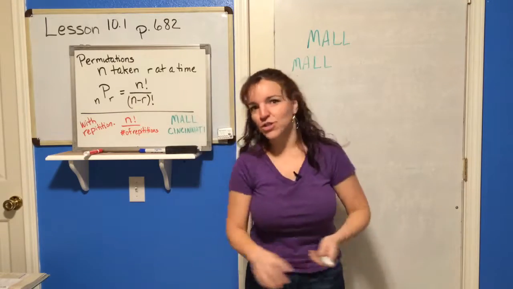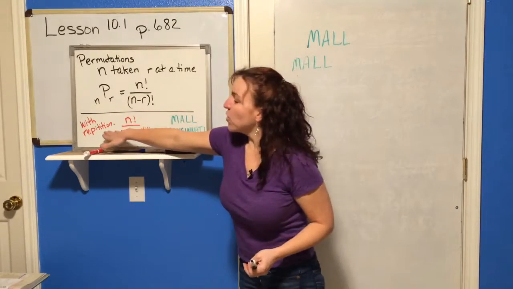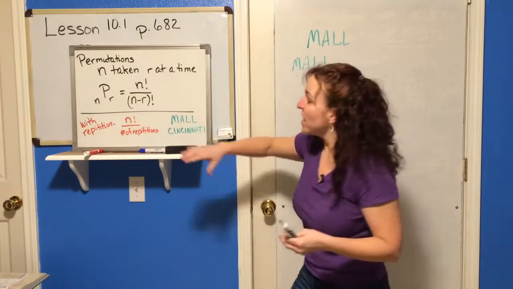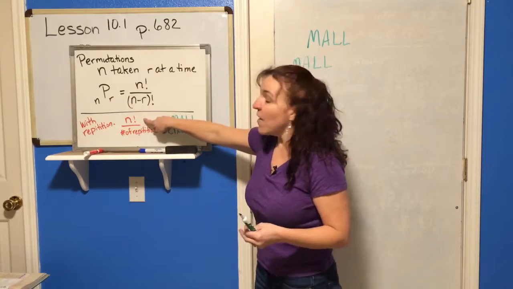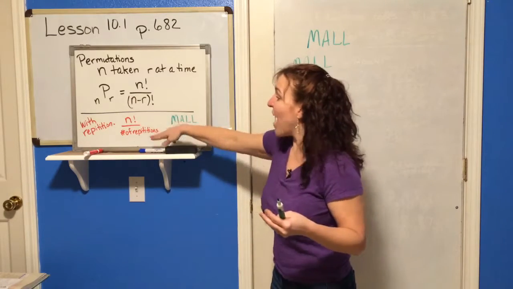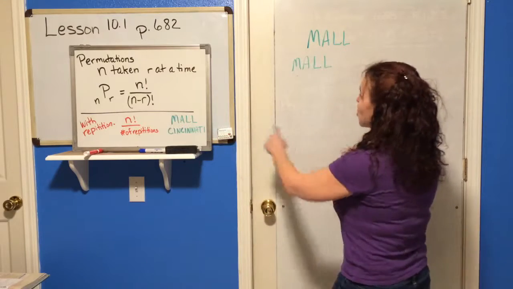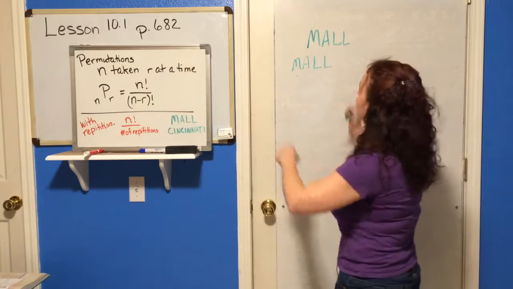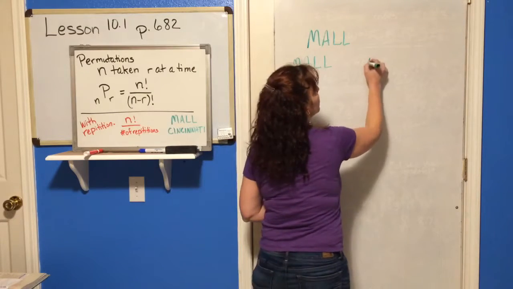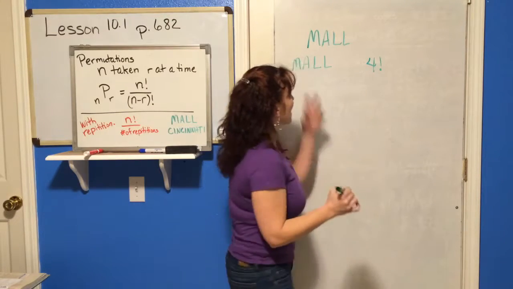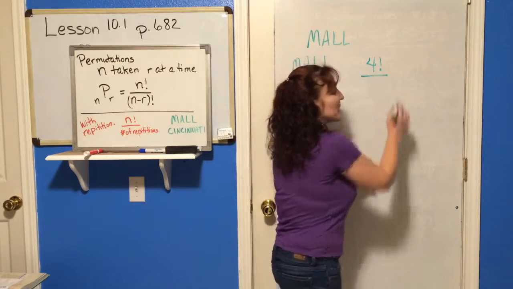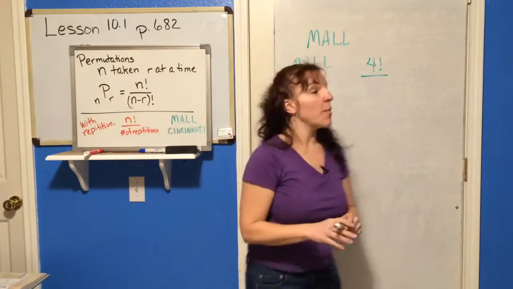So you can't call that two different permutations. So there's a formula. If there are repeating digits or numbers or outcomes, then your formula is going to be the number of outcomes you have, factorial, divided by the number of repetitions, factorial. So in this case, n is 1, 2, 3, 4. So we're going to have 4 factorial, because that's how many letters we've got. And we're going to divide by the number of repetitions.